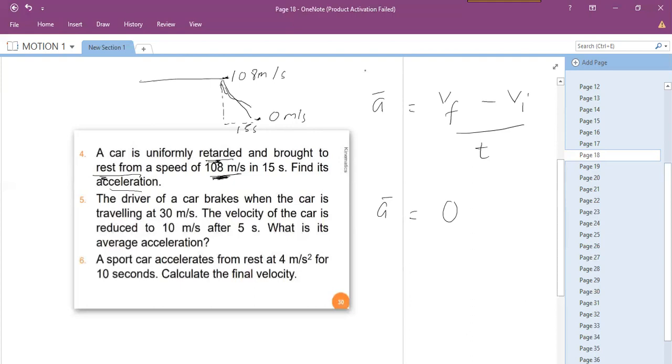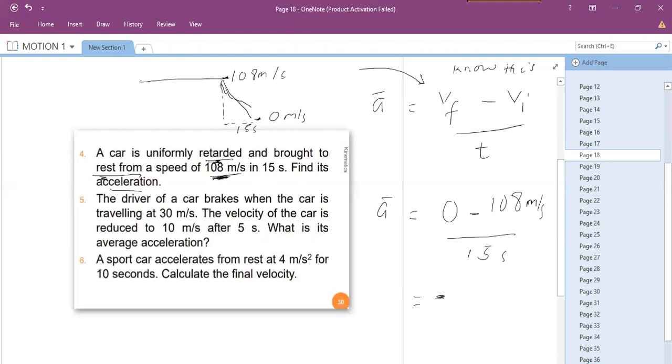So what are we going to use? We're going to use this formula, and by the way, you have to know this formula: acceleration is final velocity minus initial velocity over time. Because this object was under retardation, its final velocity is 0 minus its initial velocity, which is 108, over the change in time, the time that it was retarding, which is 15 seconds.